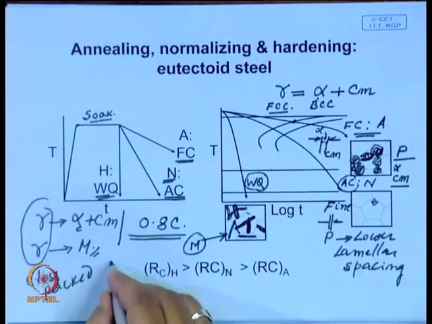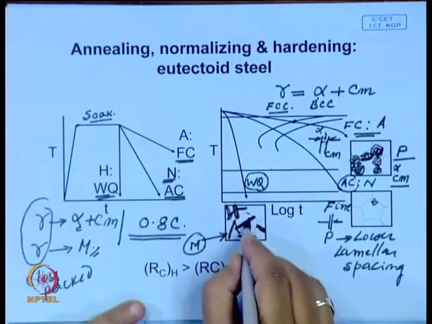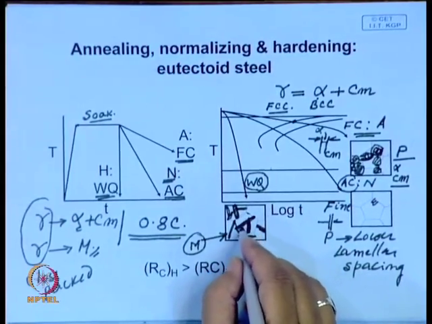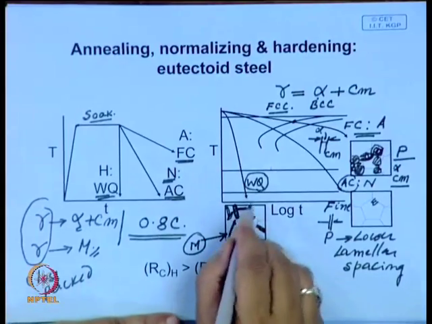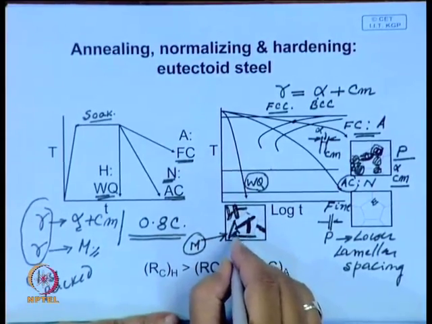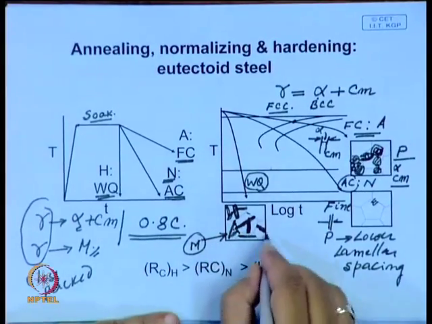So, there will be substantial volume expansion, and that is why in the surrounding regions a lot of stress fields develop, and sometimes between these plates you may have some amount of retained austenite left.